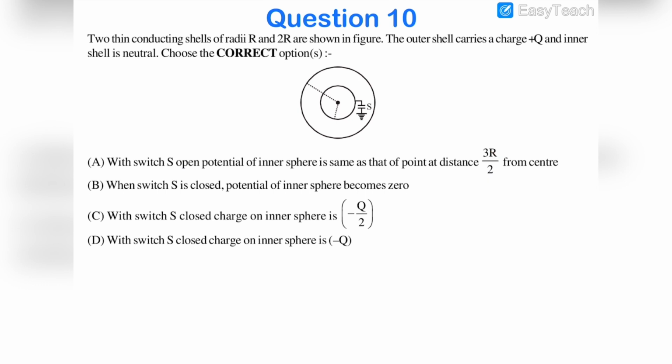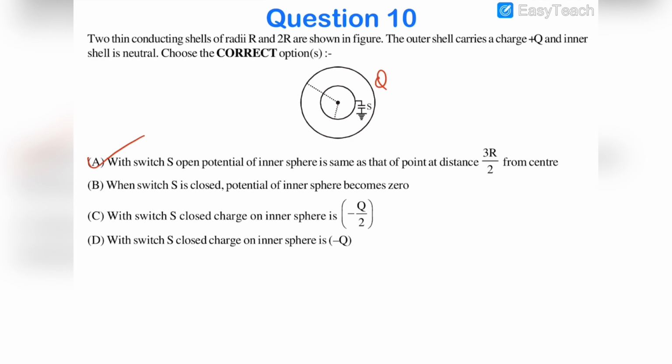When the switch is open, the only charge on the system is on the outer shell, which is q, and all the points inside this bigger shell will have the same potential. So option A is correct.